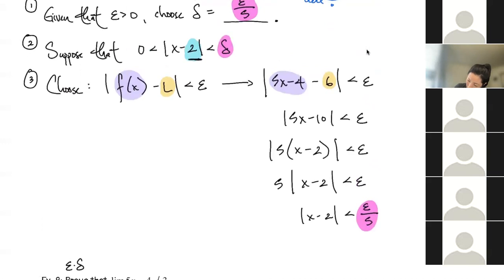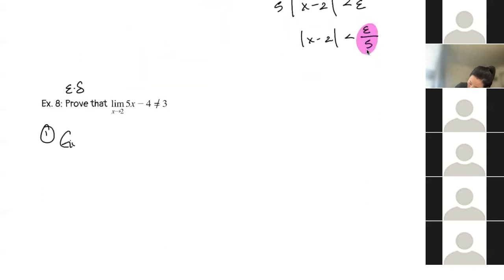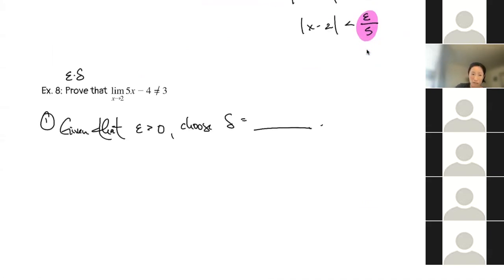So we're going to start the same way. Given that epsilon is greater than 0, choose delta to be, and then we'll leave a blank for our answer.